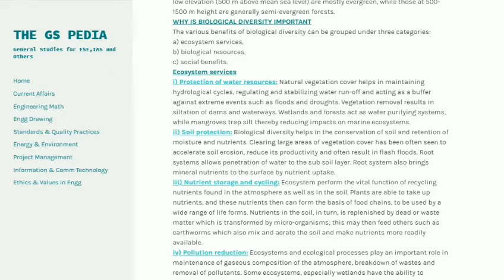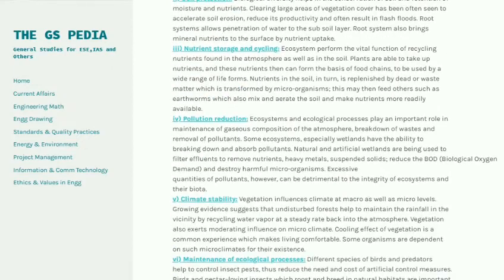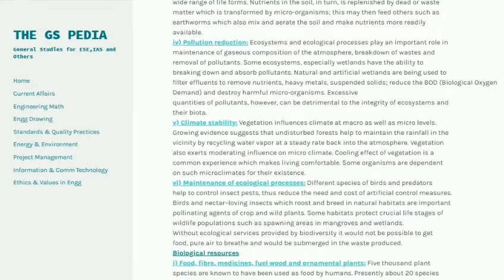4. Pollution reduction. Ecosystems and ecological processes play an important role in maintenance of the gaseous composition of the atmosphere, breakdown of wastes and removal of pollutants. Some ecosystems, especially wetlands, have the ability to break down and absorb pollutants.